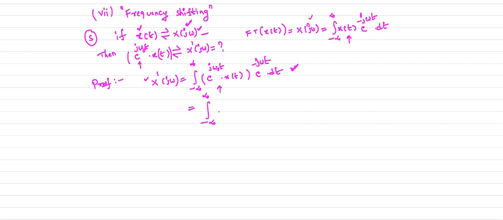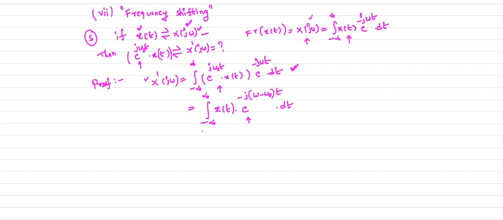Integral from minus infinity to plus infinity, x of t is there. e power j omega naught t into e power minus j omega t, I can write these two exponentials as e power minus j into omega minus omega naught, times t. I multiply e power j omega naught t with e power minus j omega t, and write it in this manner, because in the equation we have e power minus j omega t. For that the transformation is x of j omega.